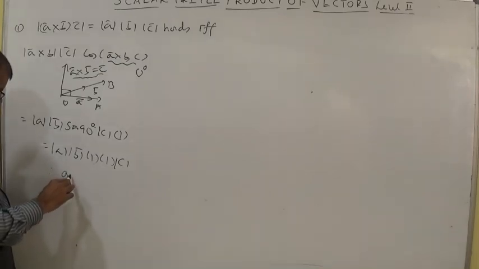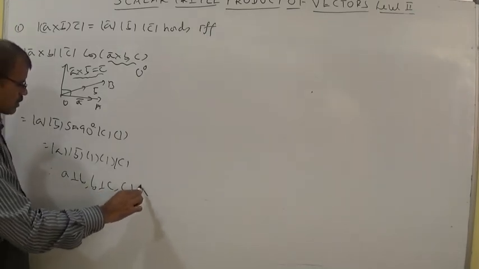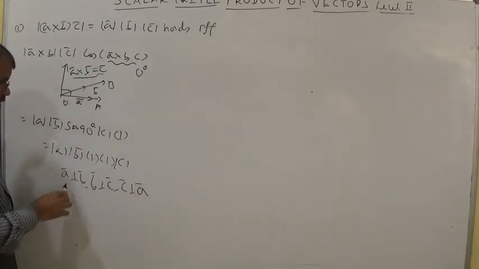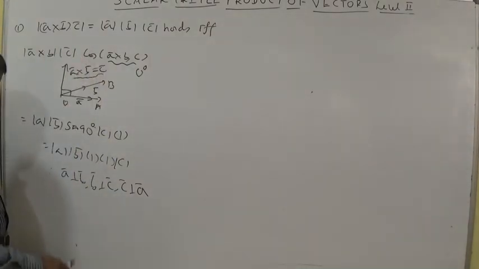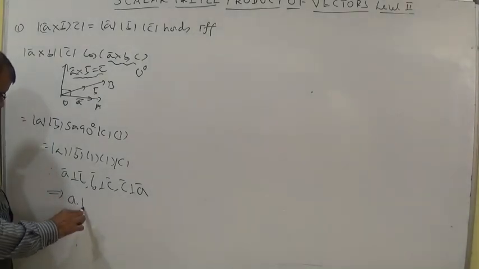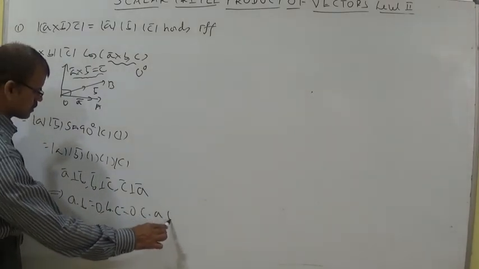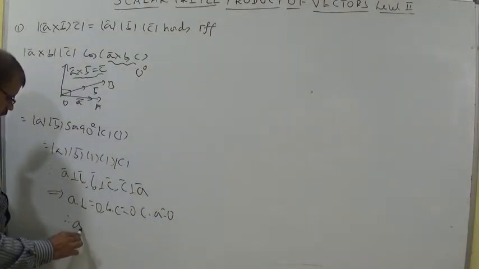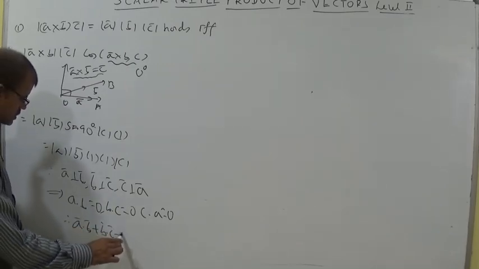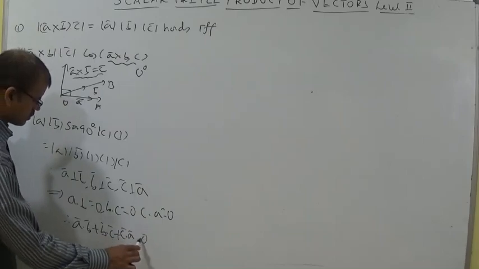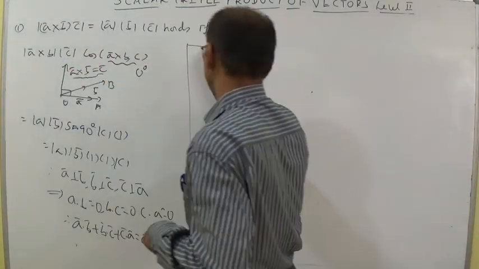Therefore A is perpendicular to B, B perpendicular to C, C perpendicular to A. I said yesterday that such vectors A, B, C are mutually perpendicular vectors. Then A dot B equals 0, B dot C equals 0, C dot A equals 0. Therefore, adding all these, A dot B plus B dot C plus C dot A is equal to 0. Let us discuss the second question.